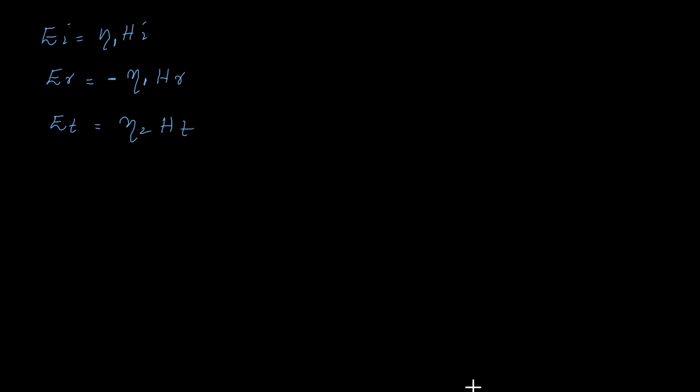In another way we can represent HT and ET. HT is in terms of the field intensity of the incident and the field intensity of the reflected wave. Similarly ET is in terms of the intensity of the incident and reflected waves. Now let us use this expression.